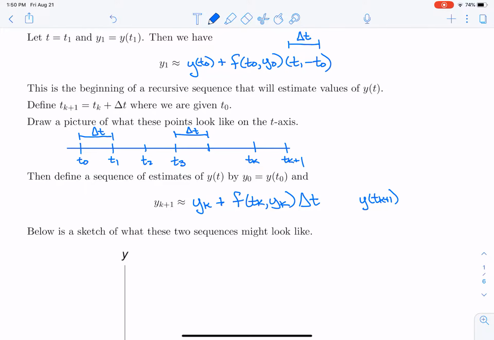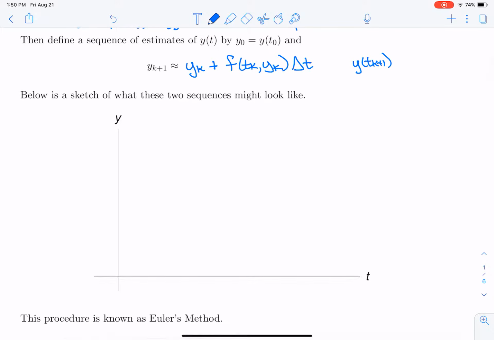So what does that sequence look like? Well, I'm going to plot down what my time sequence is. So I'm going to start t0 there, t1, t2, t3, etc. And then I'm going to start at some point, I'll call that y0. And then I'm going to evaluate the slope at that point, and I'm just going to essentially follow the slope.